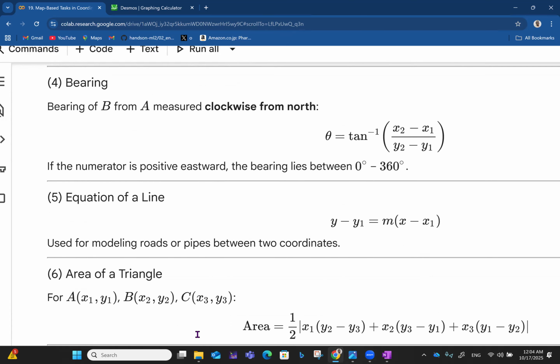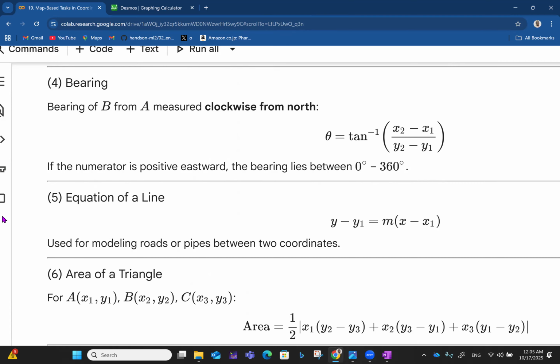Then we have the idea of bearing. Bearing relates to angles, like how a point B is positioned relative to point A. How do we get to Osaka from Tokyo? Like what we saw in the last video, we discovered that Osaka is roughly south 74 degrees west.